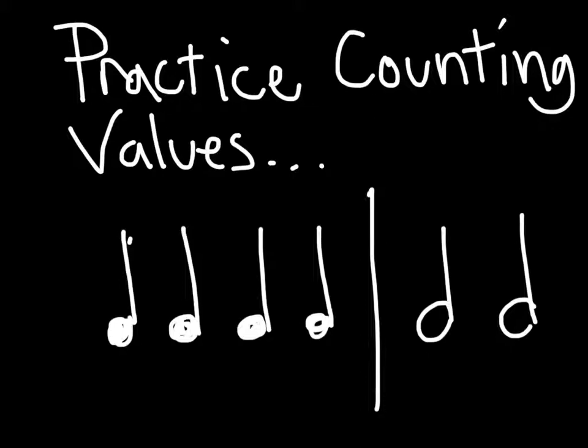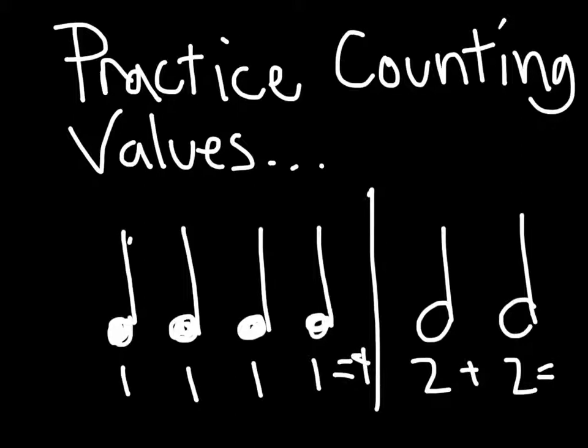And then the second measure, we have 2 half notes. Each half note will get 2 beats each. So if we go back to the quarter notes, we have 1 beat, 1 beat, 1 beat, 1 beat. Then we have 2 beats, 2 beats. That equals 4. And this measure actually equals 4. So we already know that each measure has the equal number of beats.